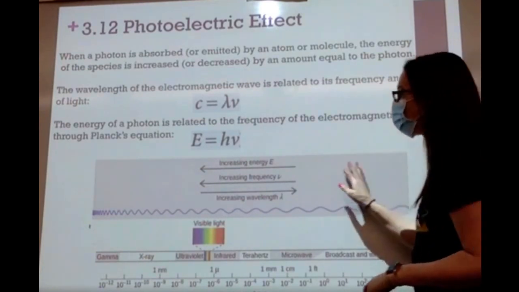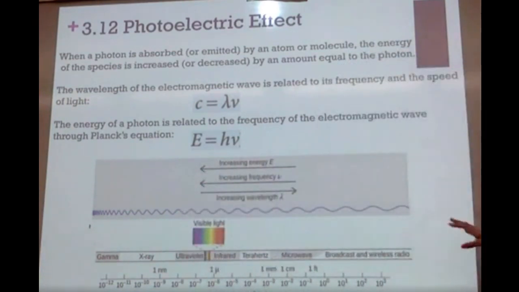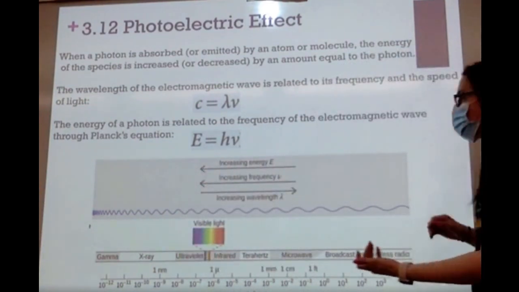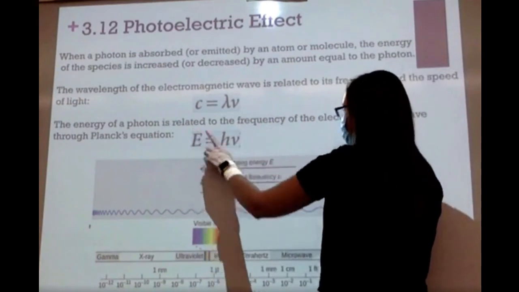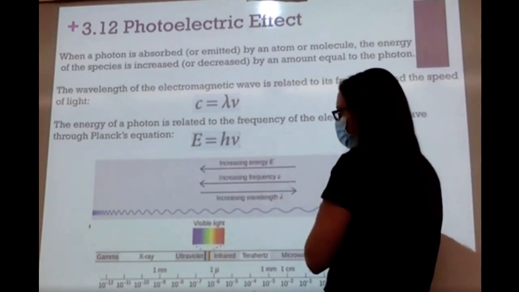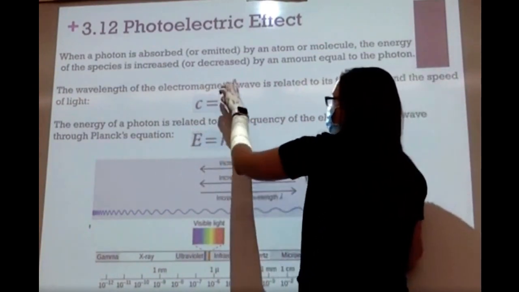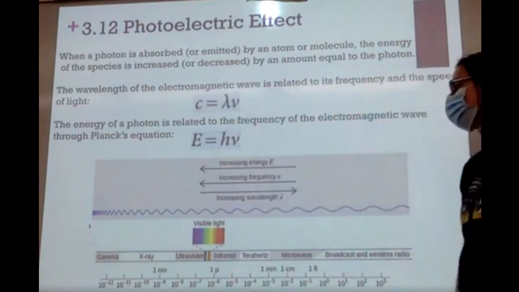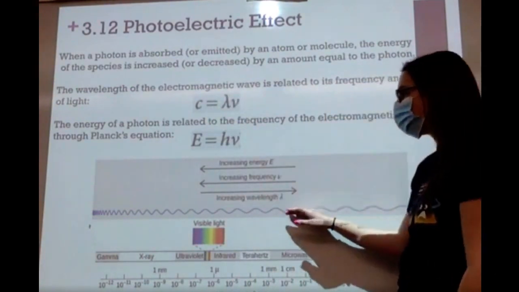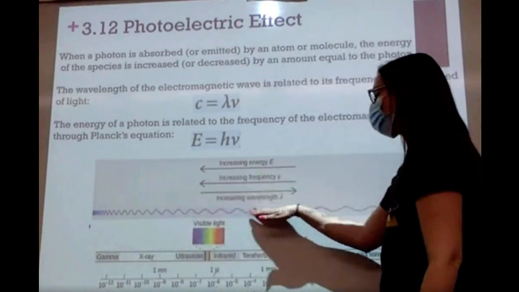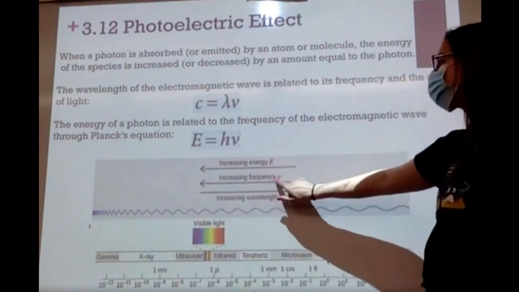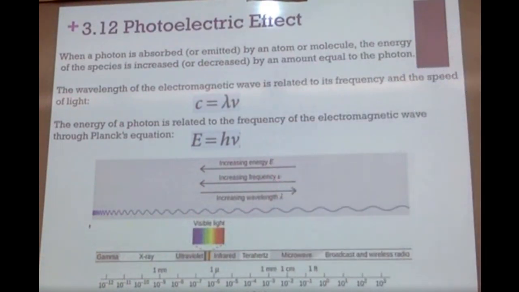Now looking at the electromagnetic spectrum, remember the higher the energy, the higher the frequency. The higher the frequency, the lower the wavelength. So it shows here your wavelength, and then it shows your relationships. So as energy increases, so does frequency.